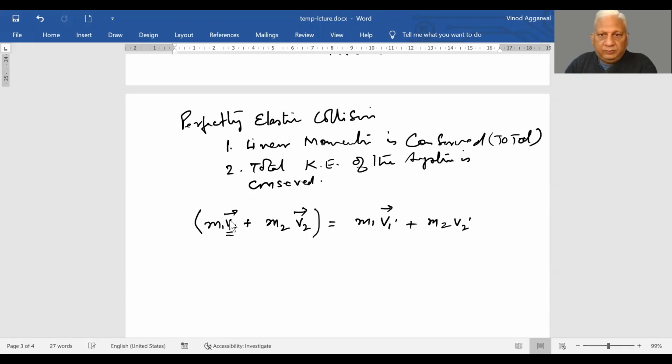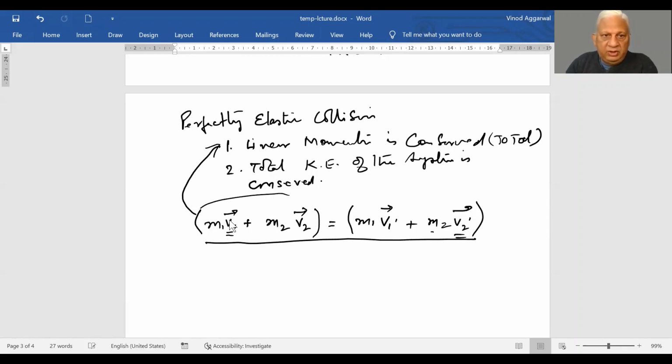Similarly, v2 dash is the final velocity of m2. So this is as per this law, that is linear momentum. This was initial before collision, this is after collision. It is maintained. What happens to kinetic energy?